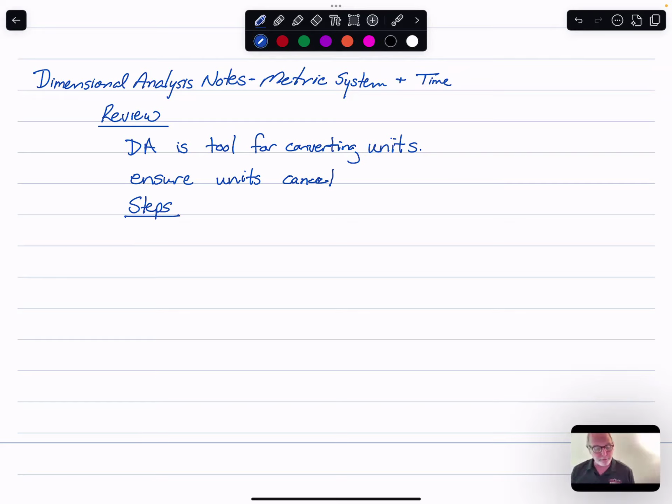We started with identify the unknown quantity or the known quantity. Then we set up conversion factors.